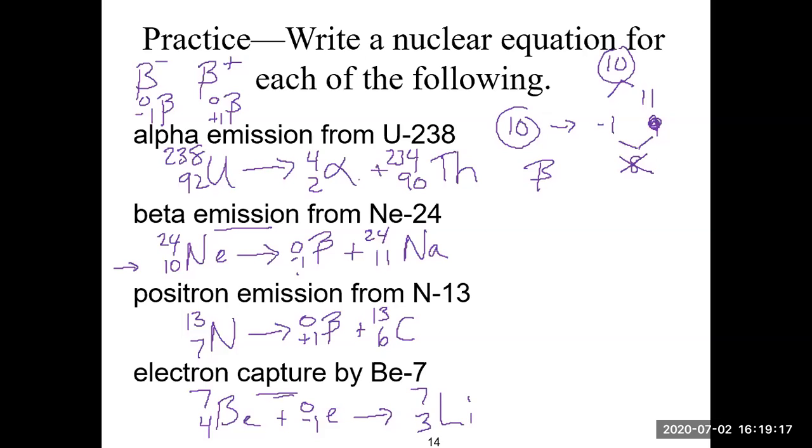Now we need 7 on the right-hand side to balance it out. Not too difficult to balance these. Again, the periodic table is really your friend when you're doing this. You should start with the atomic number, because then you can go to the periodic table and figure out what's missing. Any questions on how to write balanced nuclear equations?